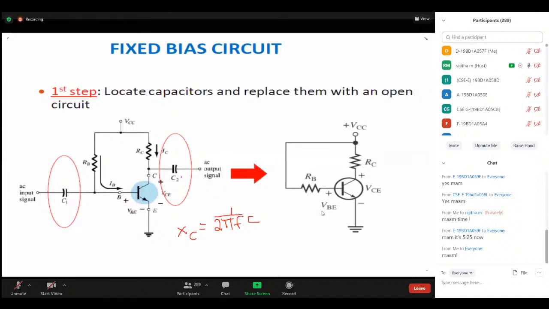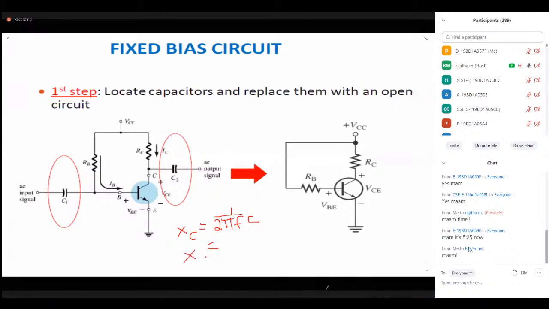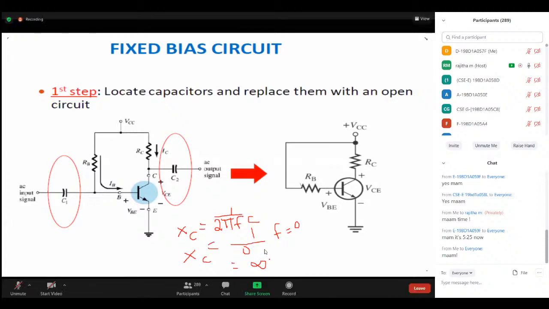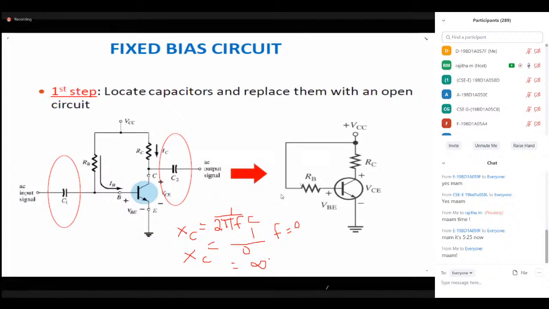Open circuit your capacitor, because the frequency of a DC signal is zero. The reactance offered by the capacitor for DC signals, where f is equal to zero, is 1 by 2 pi fc, which becomes 1 by 0, equal to infinite. If the capacitor reactance is infinite, it simply acts like an open circuit.